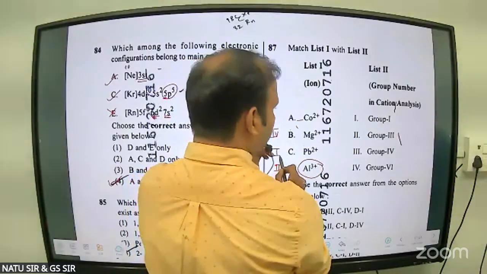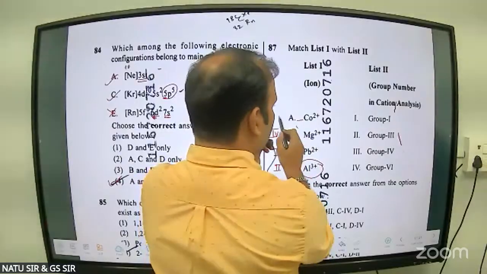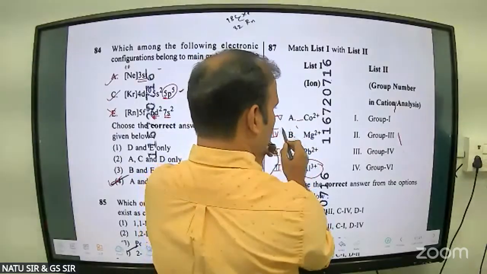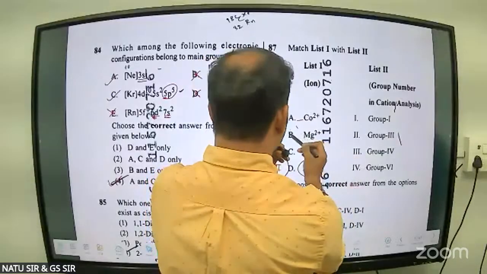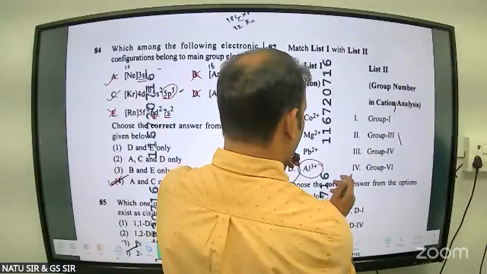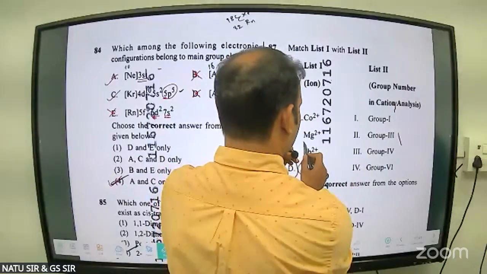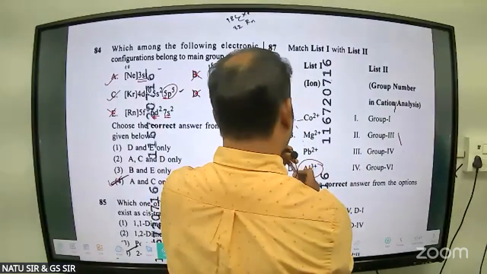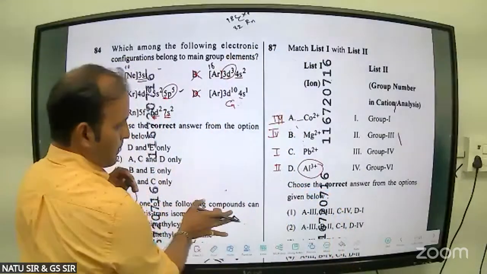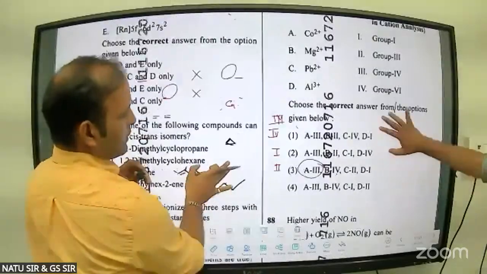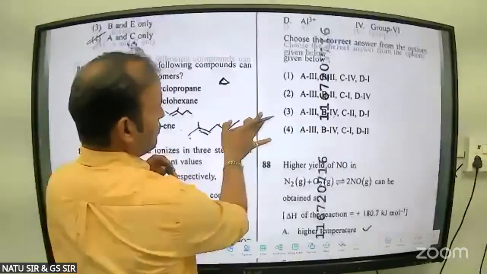Lead belongs to group number 1, and cobalt belongs to group number 4. Group number 4, that is this is going to be third one. So 3, 4, 1, 2, that is the option number 4.